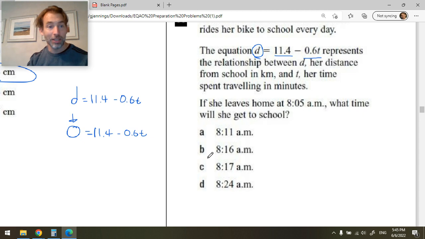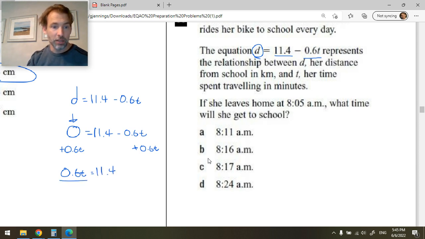All right, now I want to get all my numbers to one side and all my variables to the other side. So I'm actually going to add 0.6t to both sides here. So this will be 0.6t is equal to 11.4, and then we're going to divide by 0.6.